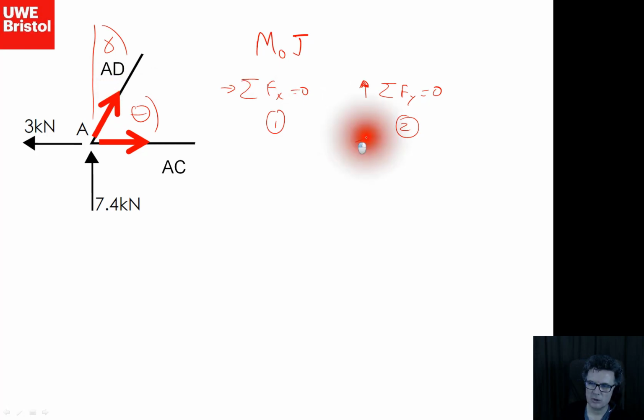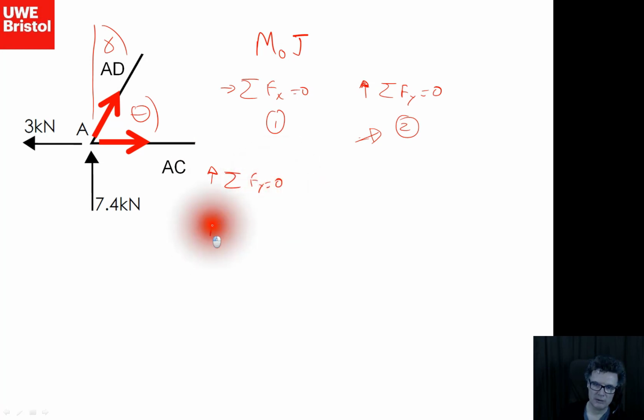So you choose the direction where you're only going to pick up one unknown, ideally. So I'm going to resolve forces in the y direction.